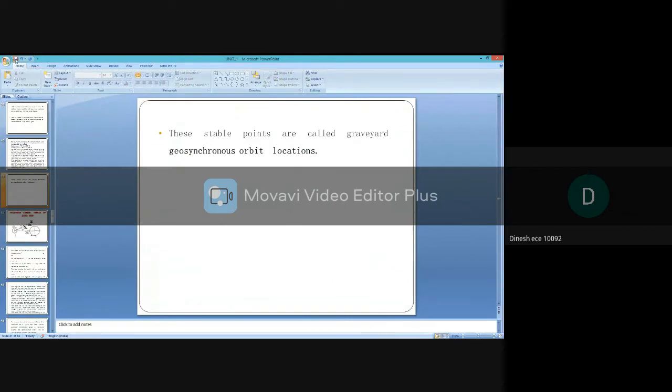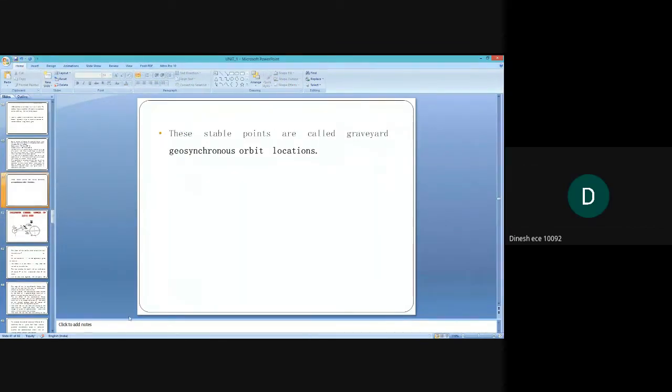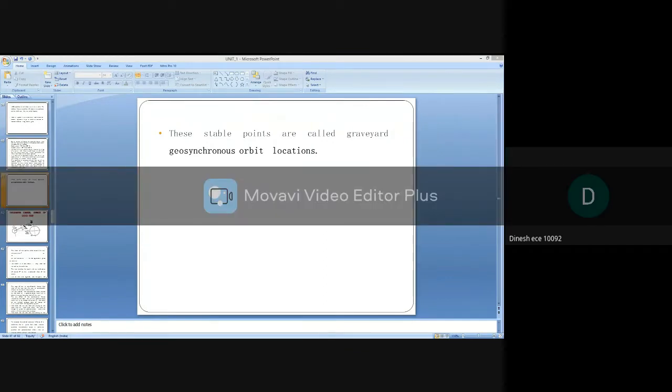Any doubts or any queries till this? If there are any queries, you can type in the chat box. Then we'll proceed on to the next topic, which is inclination. I'll give you some 4 or 5 minutes. Any queries? Kindly type in the chat box.